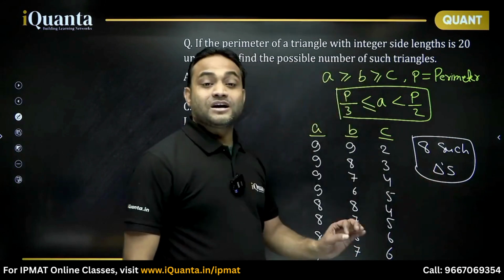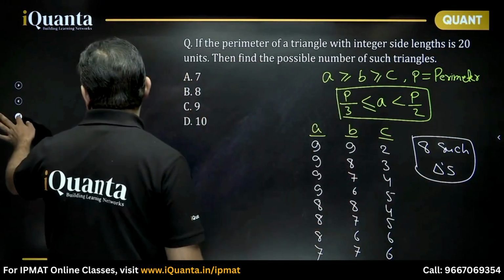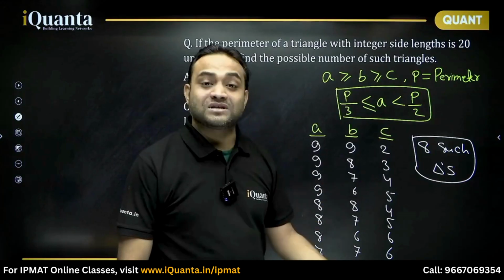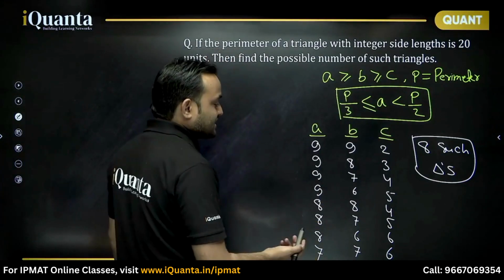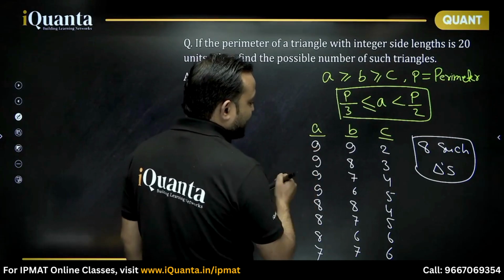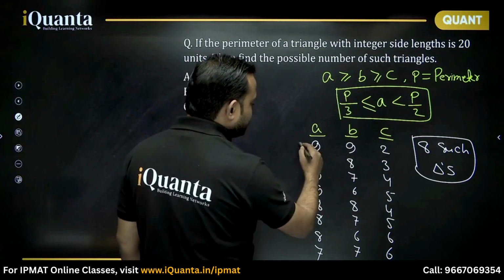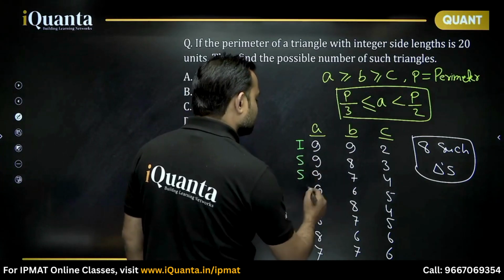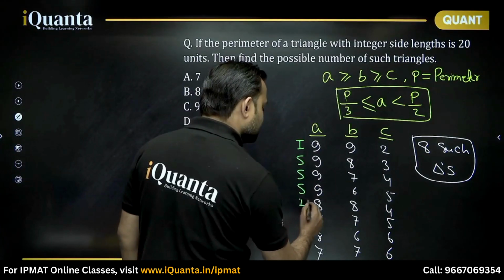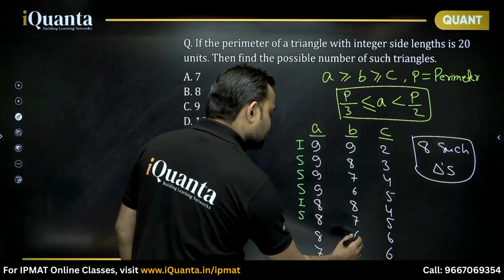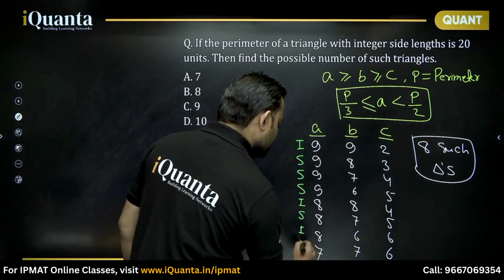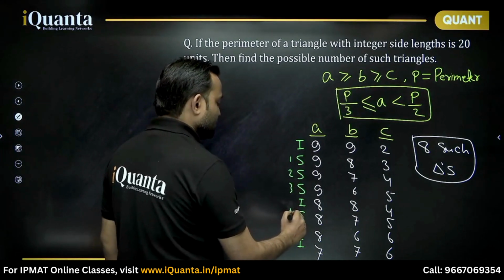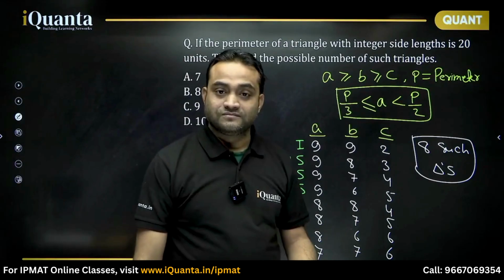But in such questions, many times you are asked how many scalene triangles or how many isosceles triangles there will be. So see, how many isosceles triangles are there? One is 9, 9, 2. Which is the other? This is isosceles. This will be scalene, this will be scalene, this will be scalene, this will be isosceles. This is scalene, this one is isosceles, and this one is also isosceles. So scalene is 1, 2, 3, 4. 4 such triangles which are scalene.